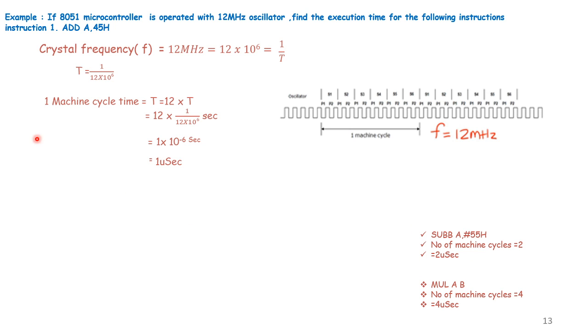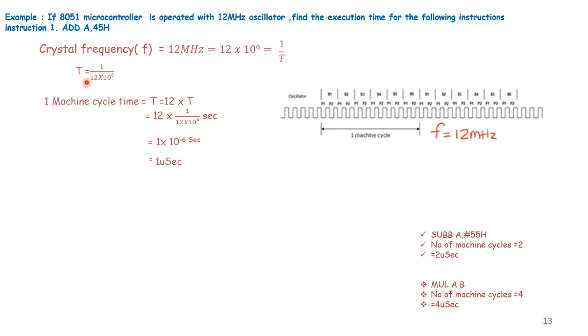So for these 3 instructions, what is the time for their execution? That can be found using this crystal frequency of 12 megahertz. This megahertz frequency is 12 into 10 raised to 6. Frequency f is always given by the reciprocal of the period, 1 upon T.